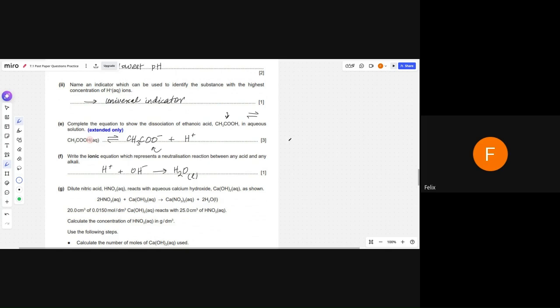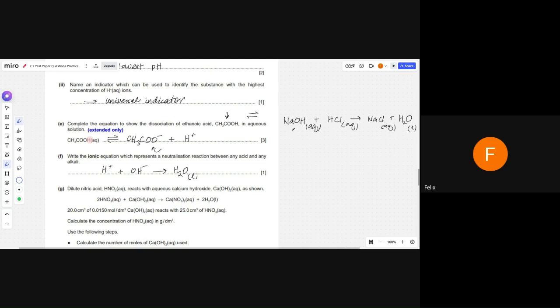Let me give you an example. Sodium hydroxide, an alkali, reacts with hydrochloric acid. They produce salt and water, NaCl aqueous, and water as a pure liquid.